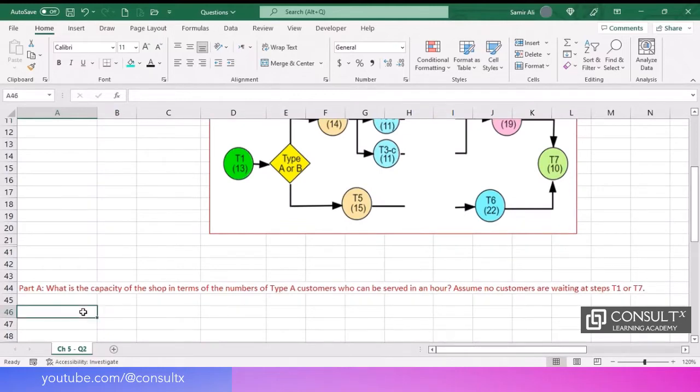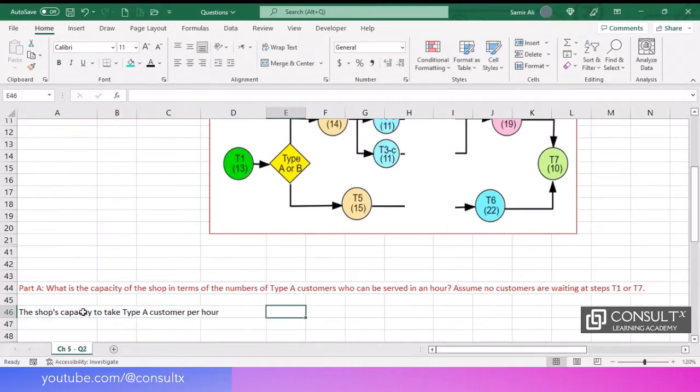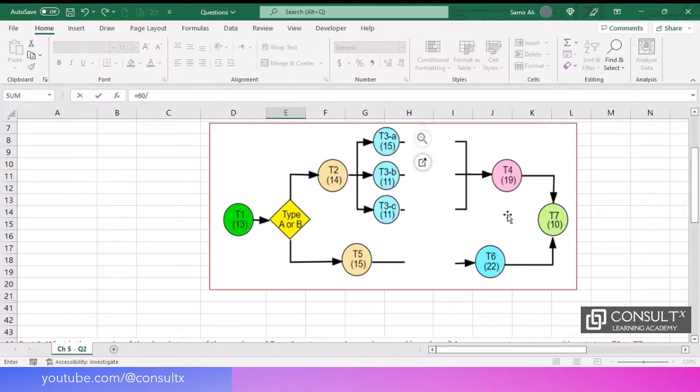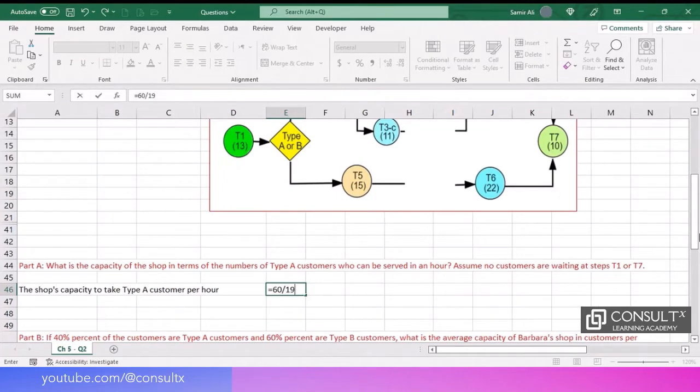And to find out how many type A customers can be served in an hour, let's just write that down. The shop's capacity to take type A customers per hour would simply be 60 minutes divided by the step with the highest number of minutes, which is 19.